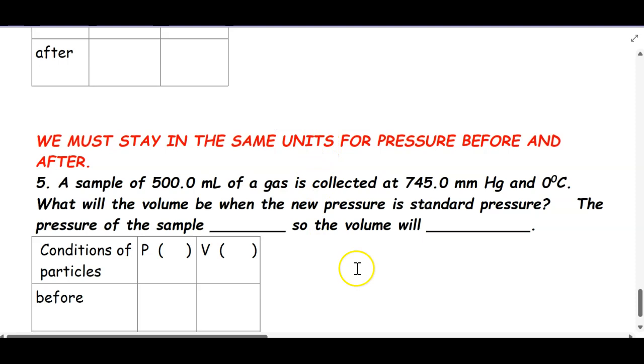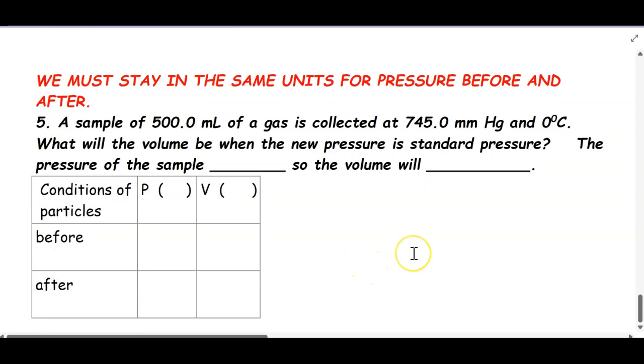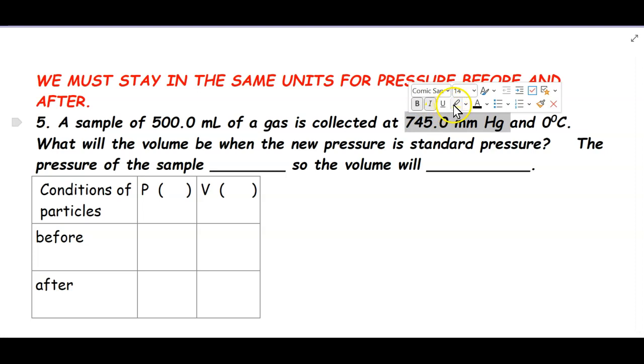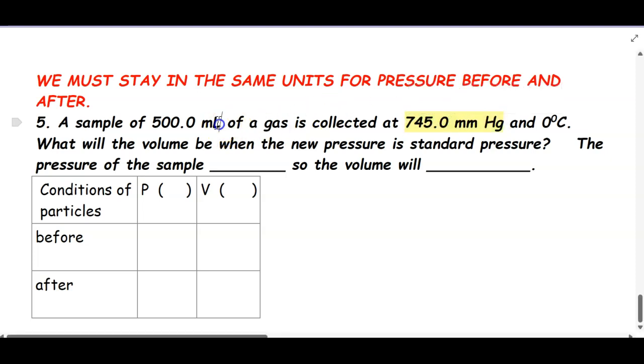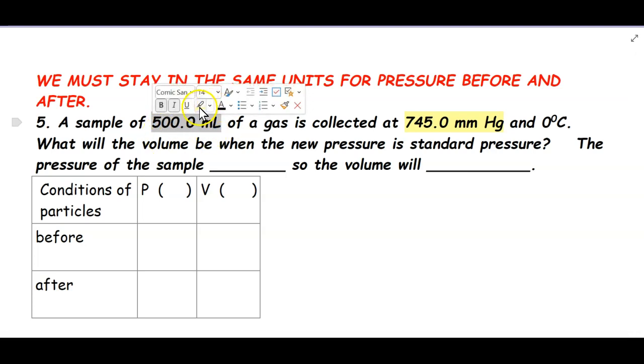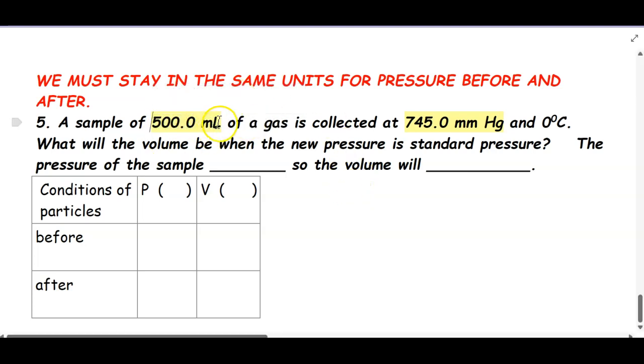Now, for the fifth problem, it says we have a sample of 500 milliliters of a gas collected at 745 millimeters of mercury, and the sample is 500 milliliters. So we have milliliters as the unit for volume and millimeters of mercury as the unit for pressure. And it says this is occurring at 0 degrees.